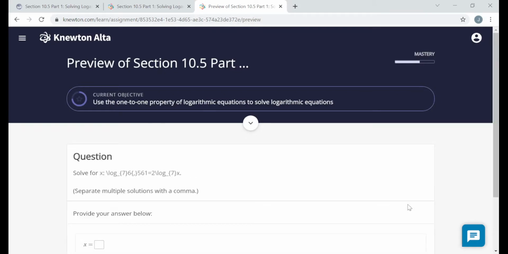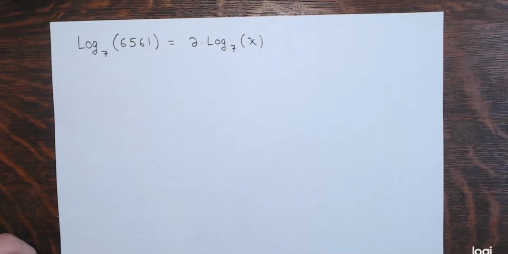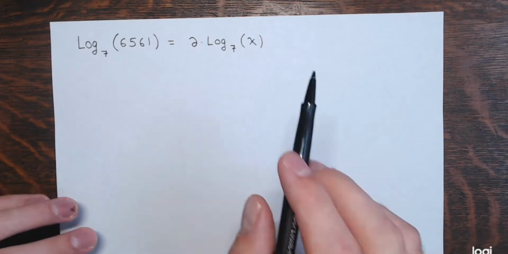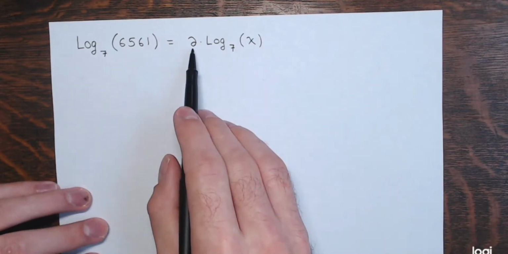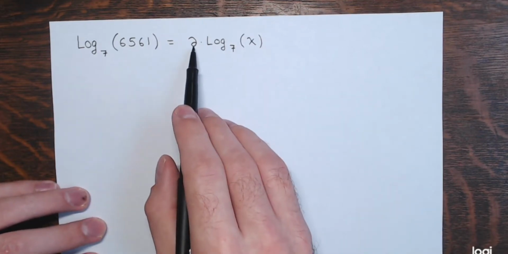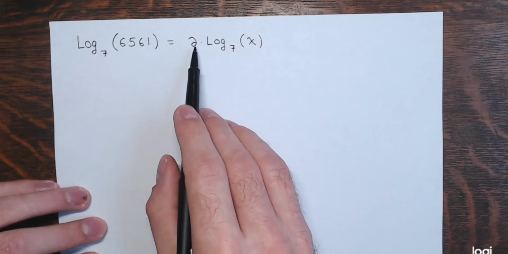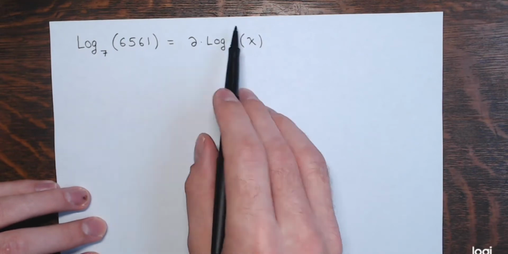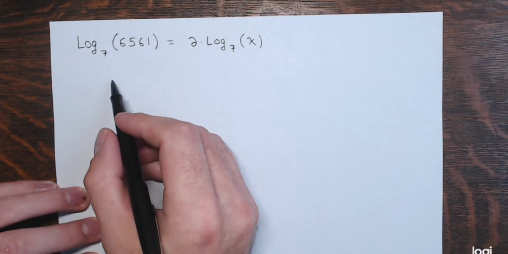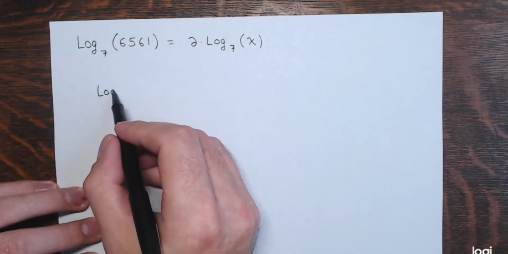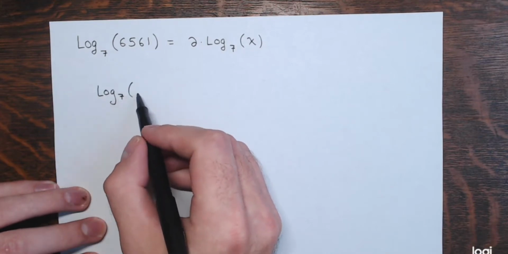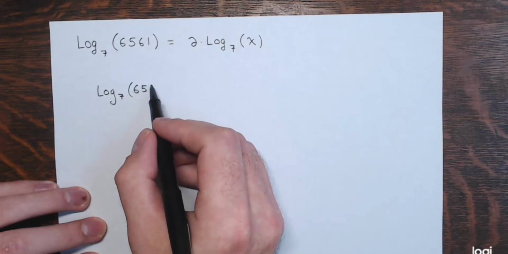All right, so one more like this. Very similar, but this time instead of a log times 3, it's a log times 2 on one side. So we have that single log on the left already, the log base 7 of 6,561.